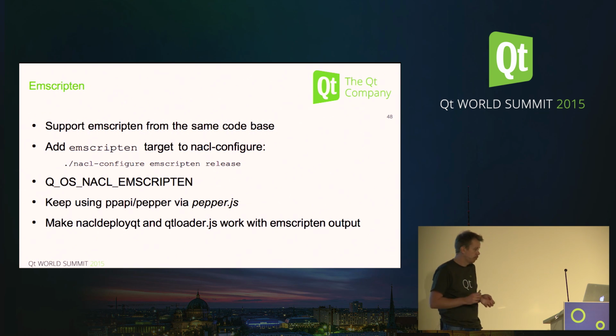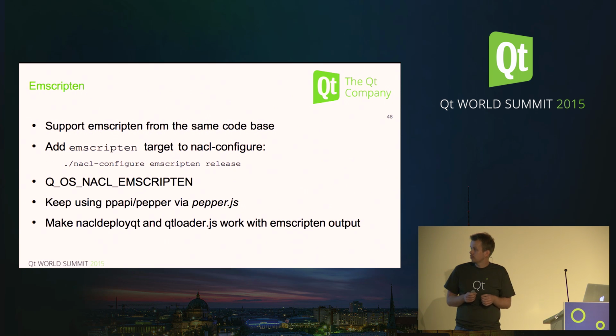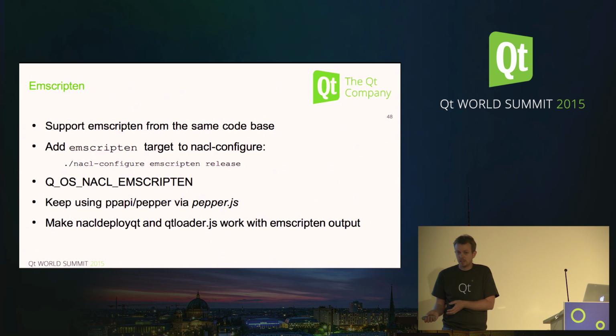And we even try to keep using the Pepper API. We use something called Pepper.js, which is a separate external product on GitHub, a re-implementation of the Pepper API on top of JavaScript and HTML5.